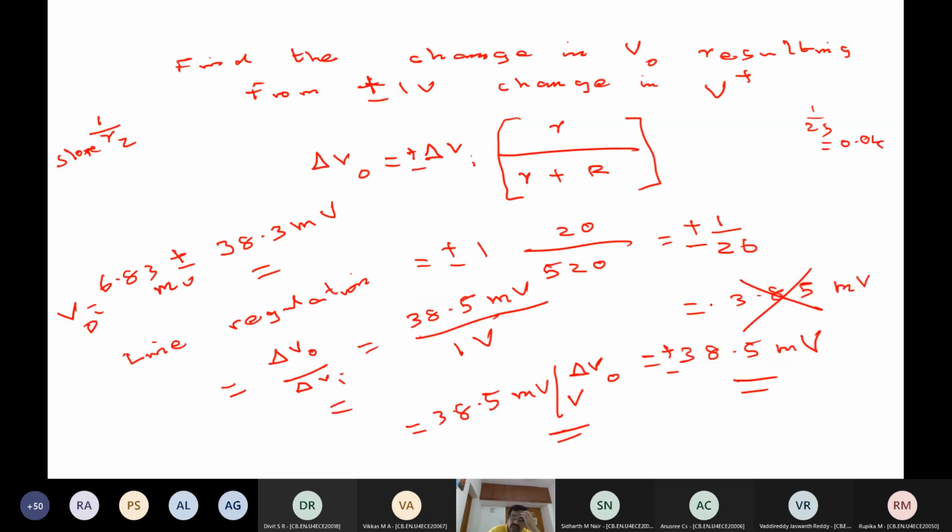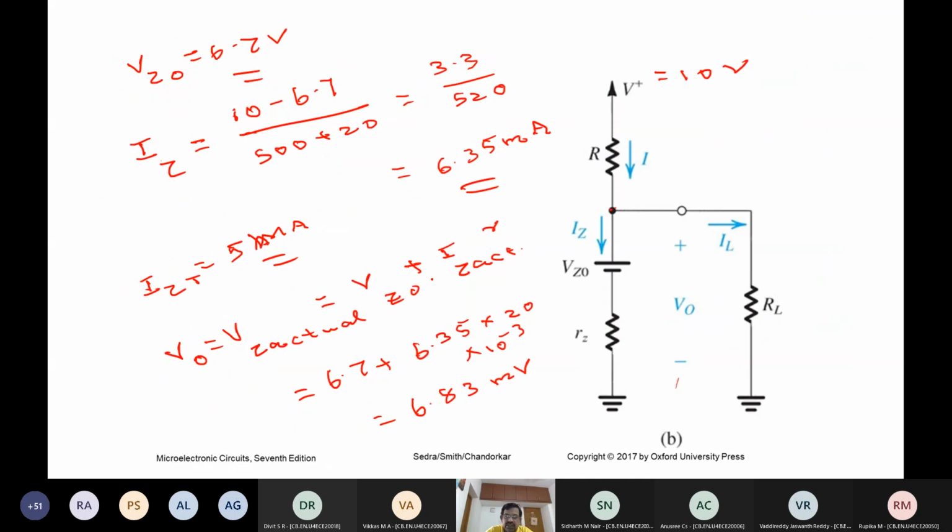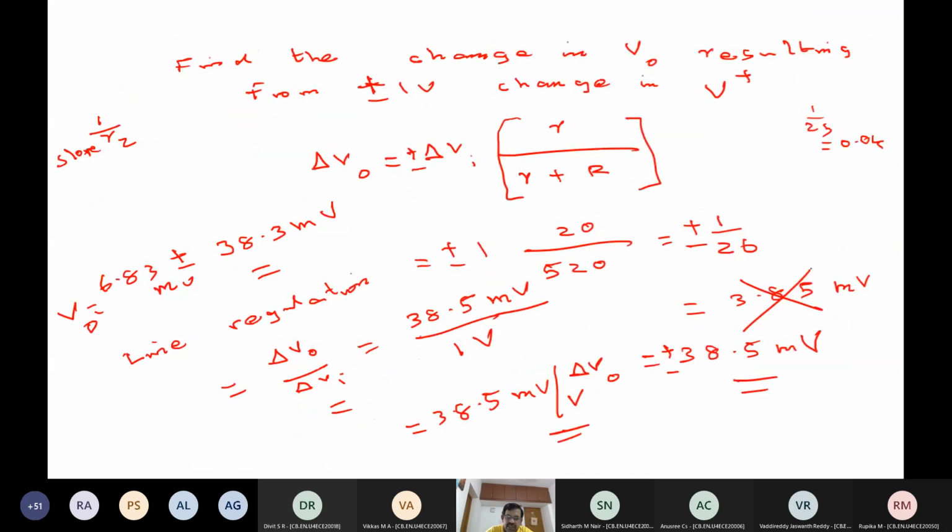So earlier, if you are operating over here, that is the 6.8, what was the current we got? 6.35. Now 1 milliampere it is drawing. That means you are shifting the actual operating point to 5.35, because 6.35 minus 1, that much current would have decreased over there, right? So think along that direction.